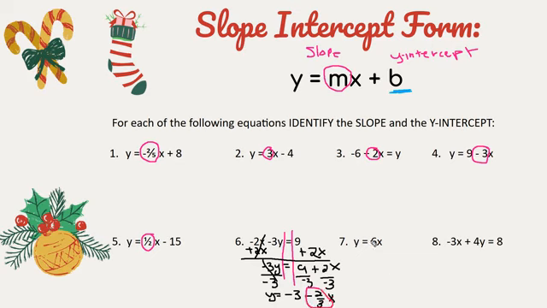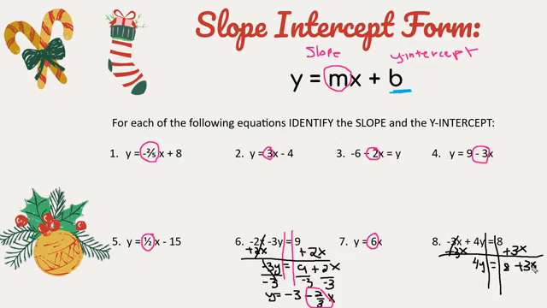My slope here is going to be 6. And then we're going to do the same thing here. I'm going to have to get the y by itself. So I'm going to do inverse operation here. And I'm going to go across. And I'm going to cross this out, and I'm going to bring down 4y equals 8 plus 3x.